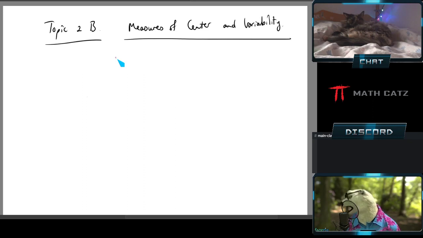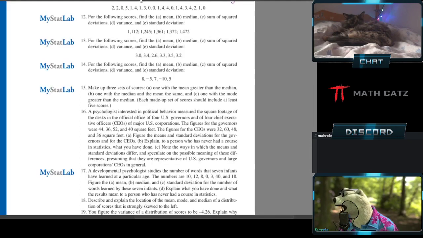The position, if you will, the center, and the spread around that center. How quickly does it drop off, or does it extend very far in either direction? The variability.